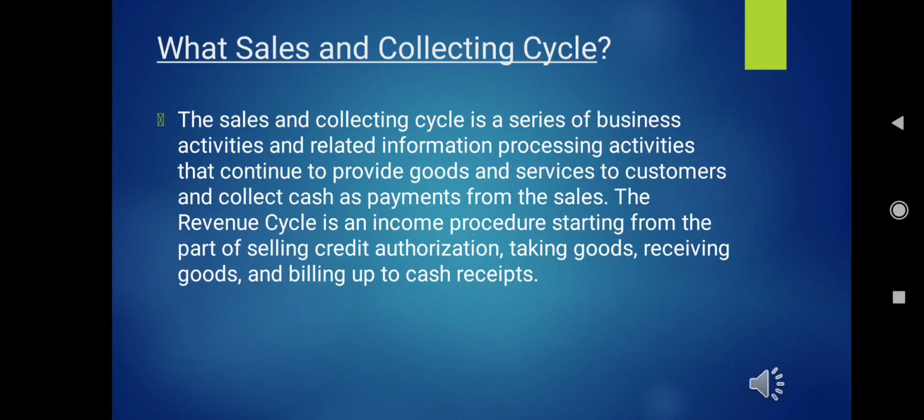Before we go any further about this sales and collecting cycle, first of all, we must know what it is. The sales and collecting cycle is a series of business activities and related information processing activities that continue to provide goods and services to customers and collect cash as payment from the sales.